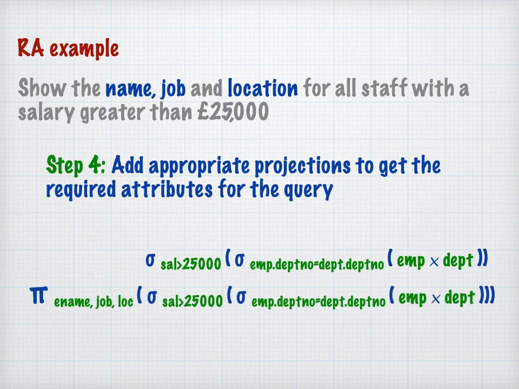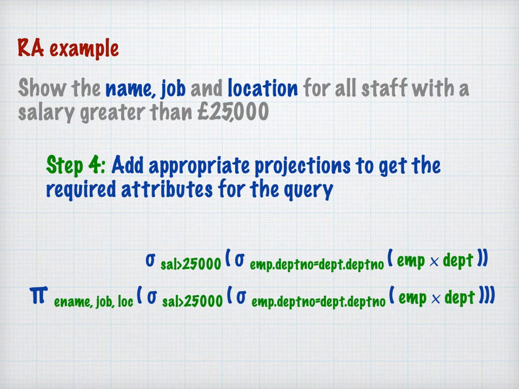So it looks like that just on the outside. And there we are. Step 1, put the tables together. Step 2, put the tables together correctly, in other words, do it as an inner join. Step 3, add on any other selections that are required. Step 4, add on the particular columns that are required.